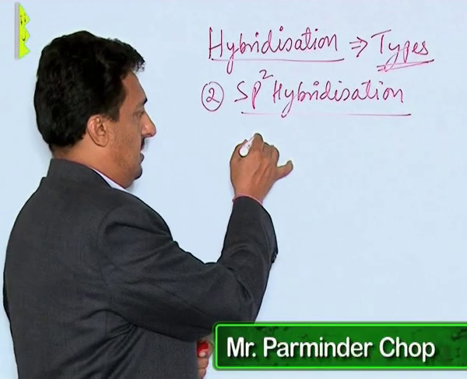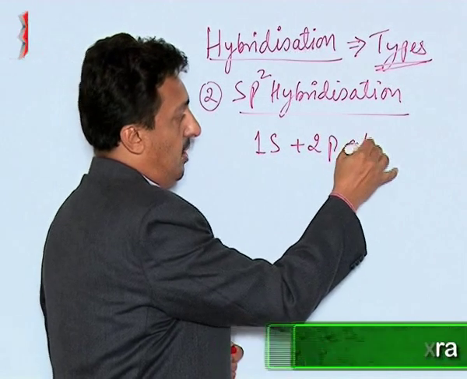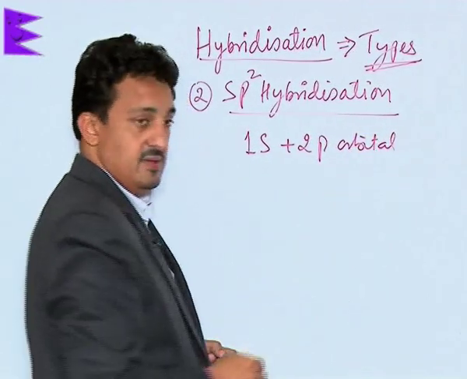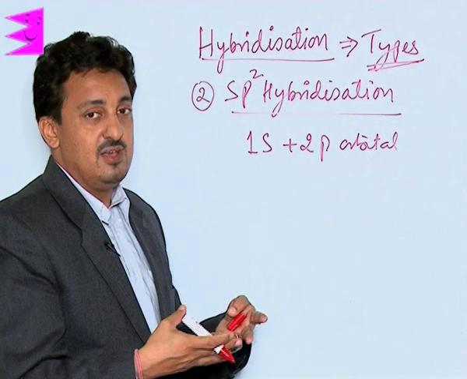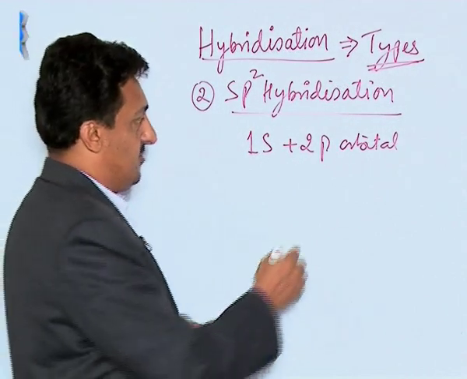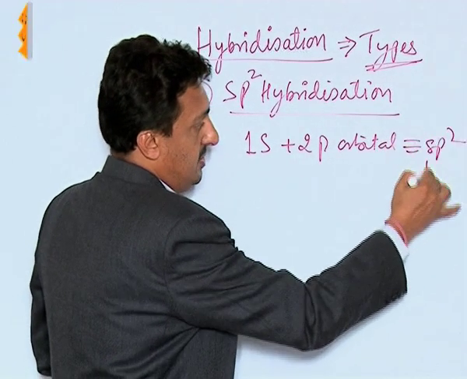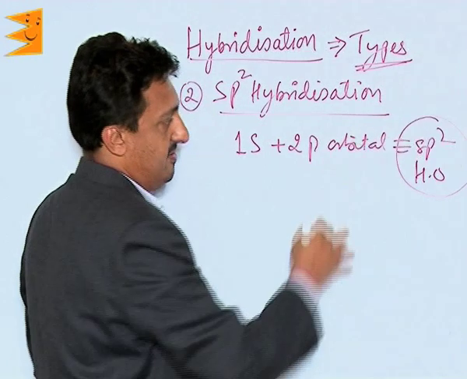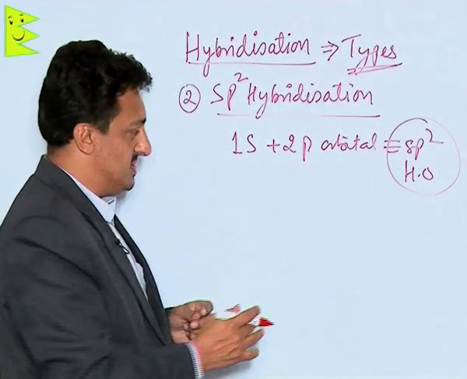The next type of hybridization is sp2 hybridization. In this, one s and two p orbitals overlap and mix with each other to form new orbitals called sp2 hybrid orbitals. Now let us see how this happens.